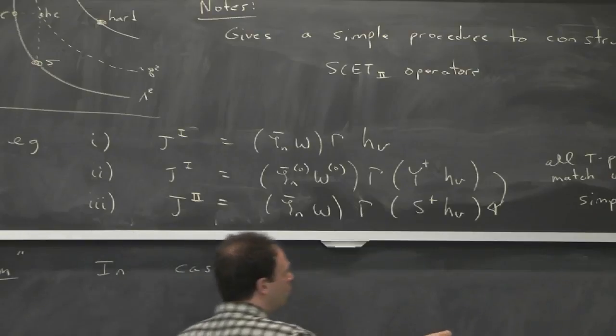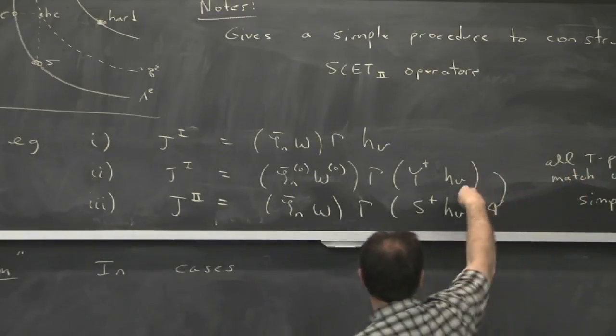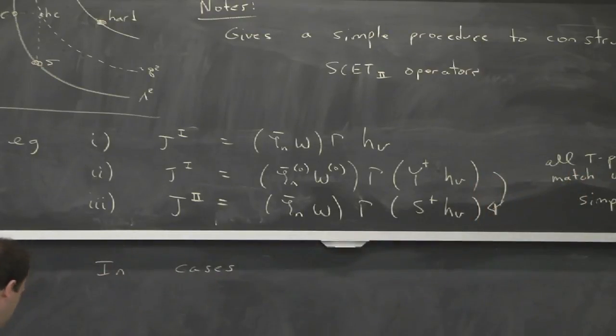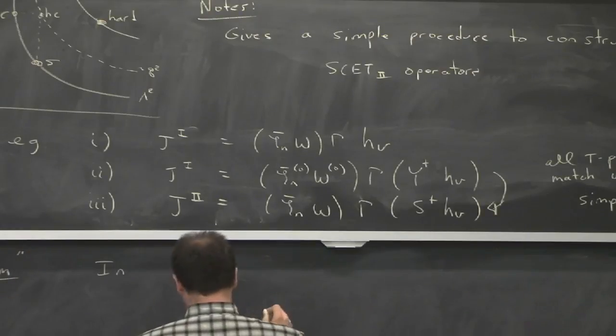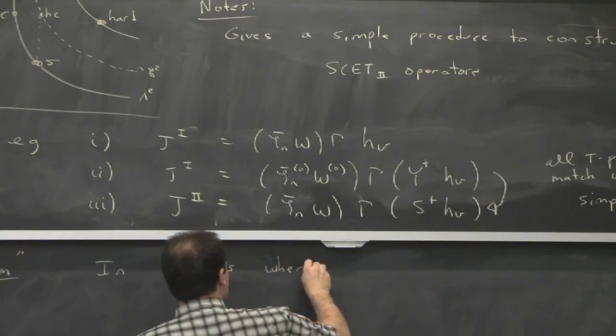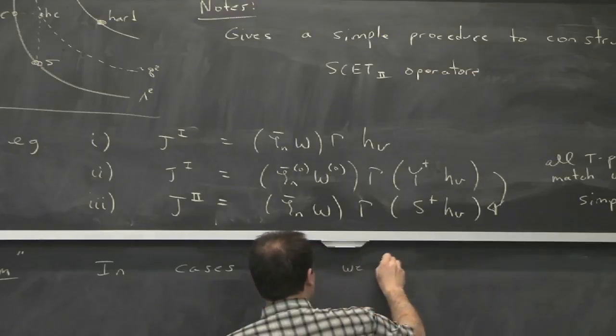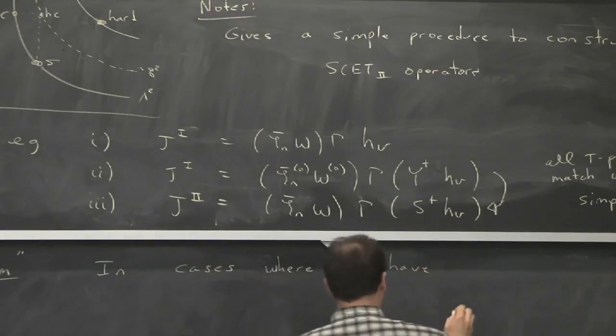So basically, you have to know when the T-products between these two theories will match up. And the T-products will match up under the following circumstances. Or they won't match up under the following circumstances.